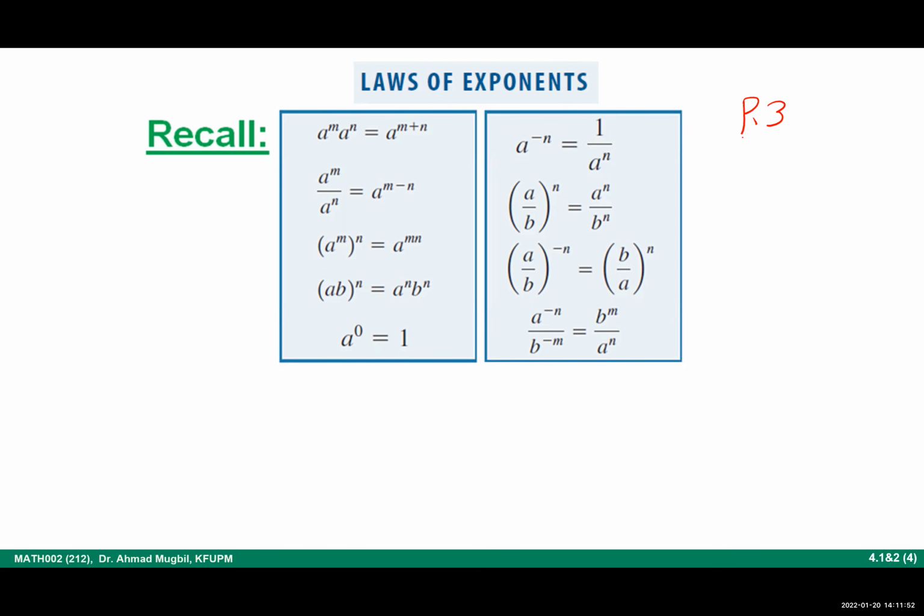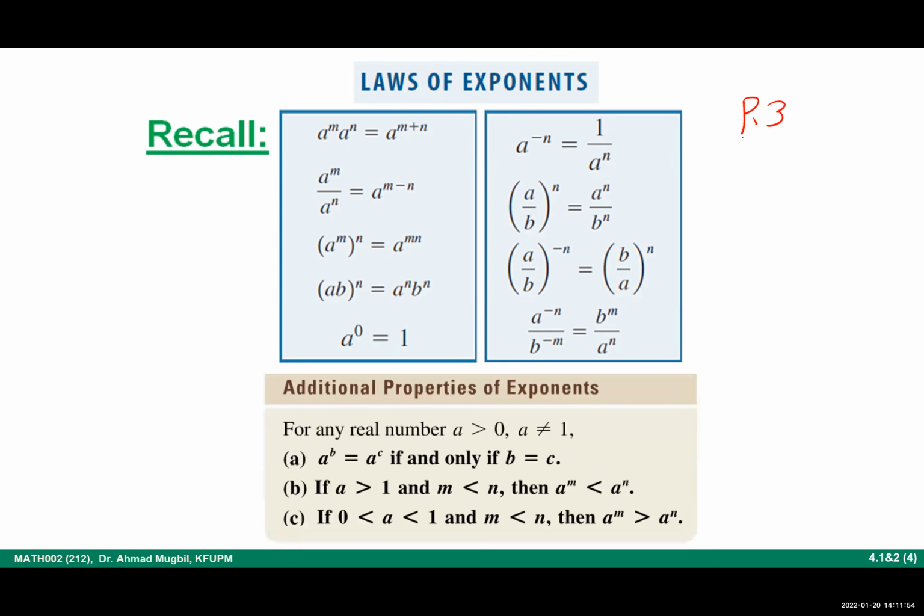So let me add some additional laws for the exponents. You need these, especially in sections 4.4 and 4.5, mostly in 4.5. Again, the base a is always greater than 0 and not 1.